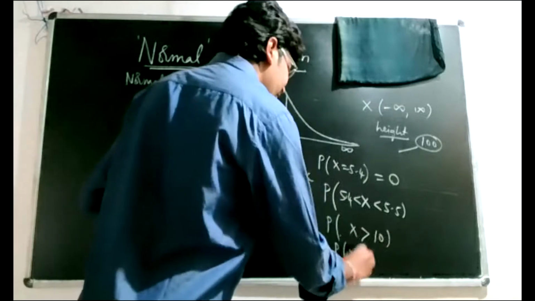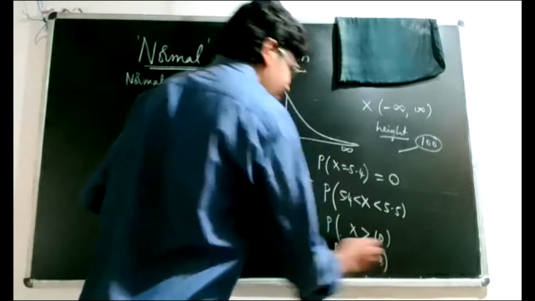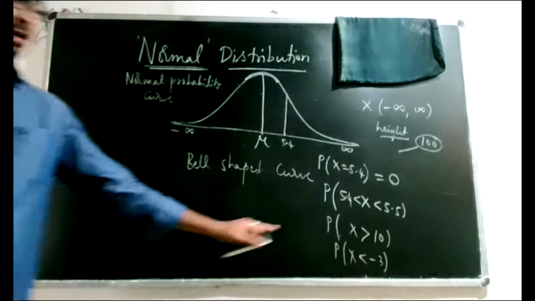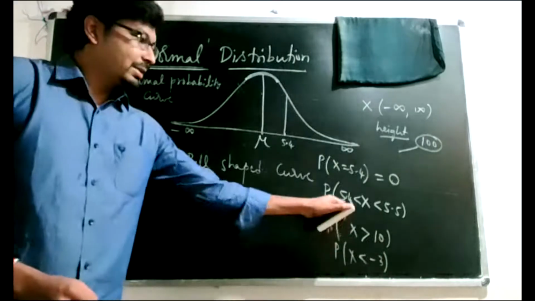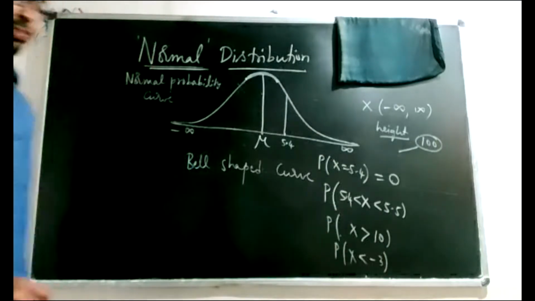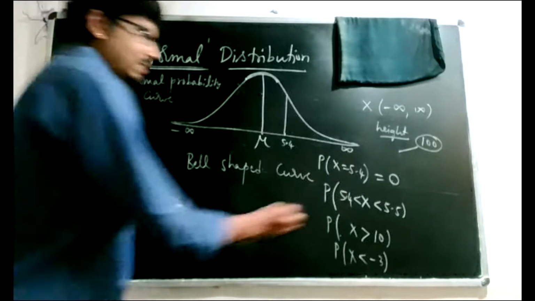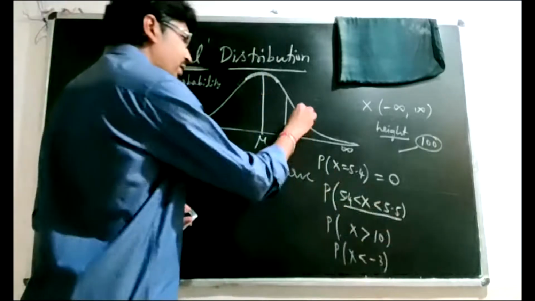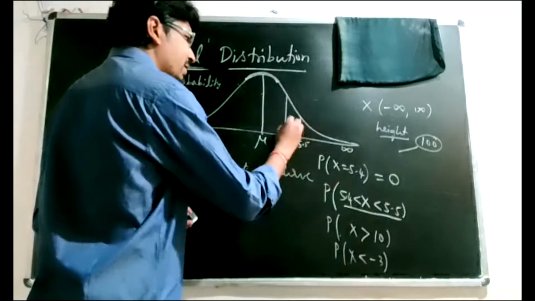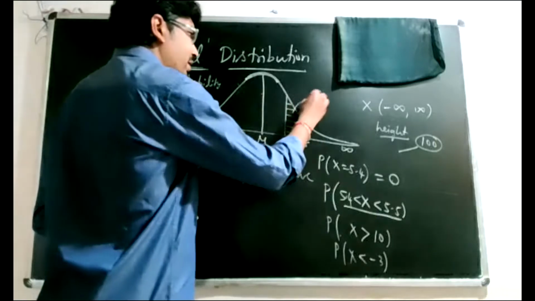What is the probability that x is less than minus 3? So only for ranges of values of x like this, we can obtain the probabilities. And theoretically speaking, if you are obtaining probability for any such range, that will be the same as the area.